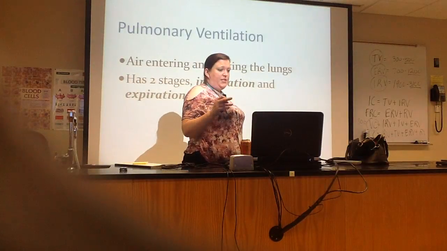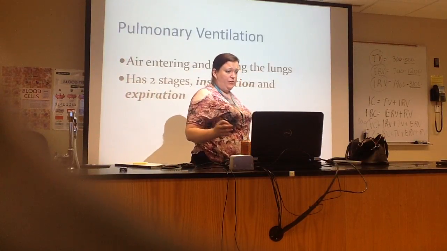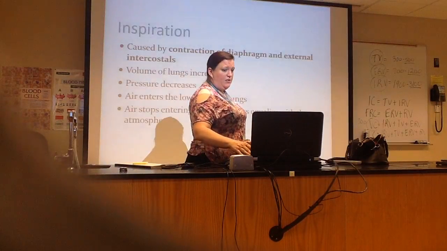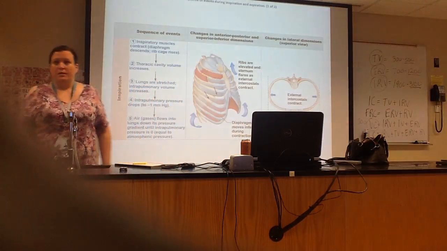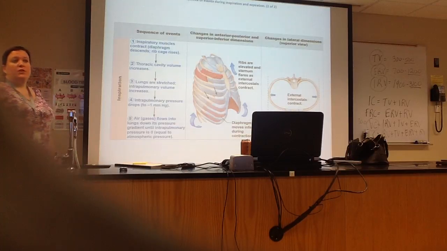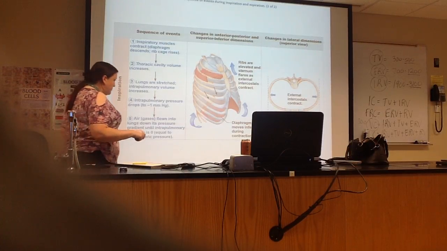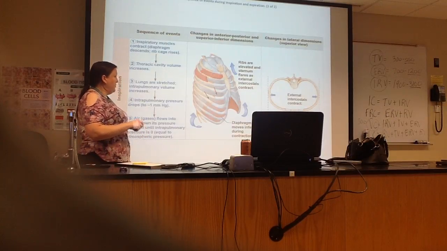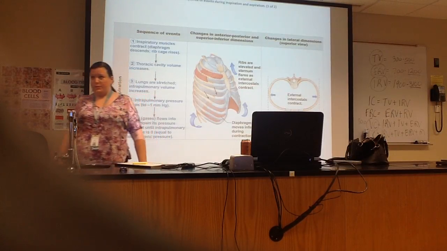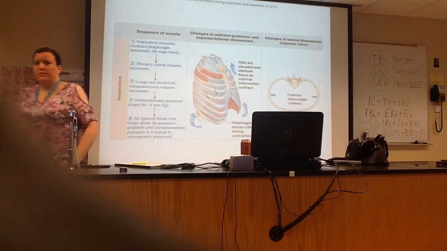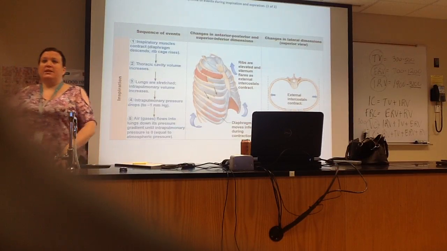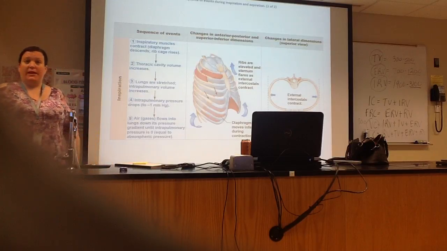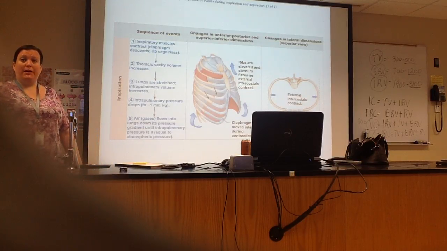Now it is important to understand how breathing occurs. So what is the first thing we need to do to inhale? Contract the muscles, right? We have to contract the diaphragm and the intercostals. What does that do? It expands the chest, makes the chest volume bigger.